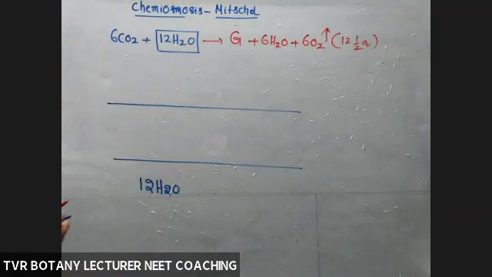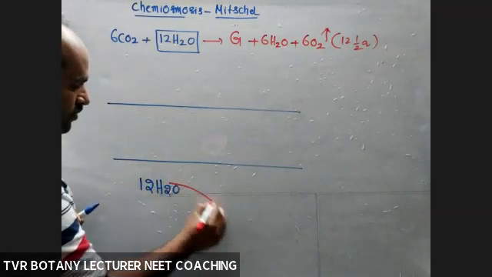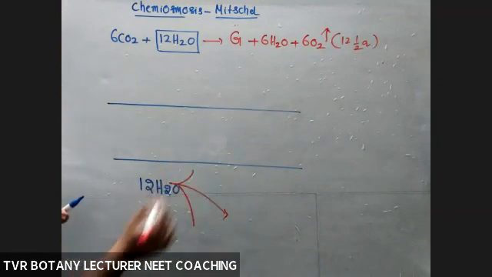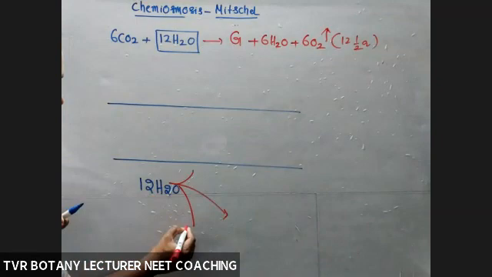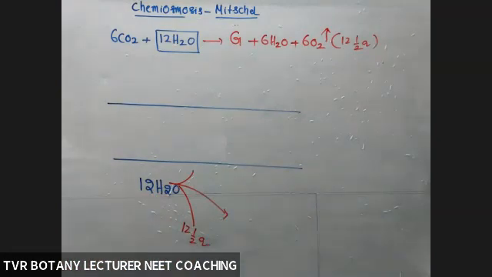12 H2O molecules photolysed with the help of the OEC complex. Okay, so what about oxygen and electrons? 12 H2O means 12 half O2. So 12 half O2 atoms are 6 O2 molecules.